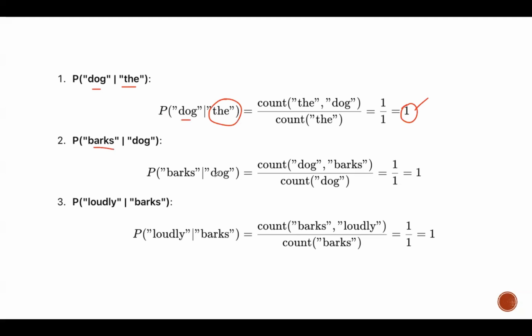Upon seeing the word dog, the probability of the next word being barks is 1.0. That is again 100%. Similarly, the third one: given the word barks, the probability of the next word being loudly is 100%. In the same way, we need to calculate for trigrams as well.